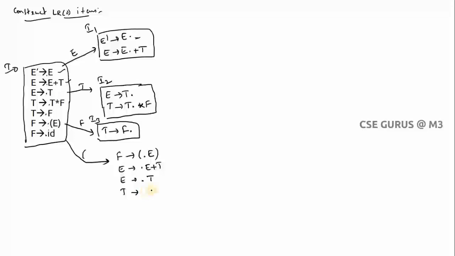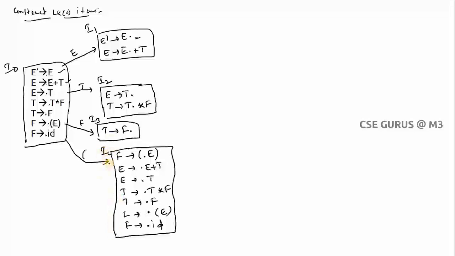T tends to dot T star F, and T tends to dot F. Now dot T is a non-terminal, T productions I have written, dot F is a non-terminal, so F productions: F tends to dot open brace E close brace, and F tends to dot ID. Over now. So like this you need to write.